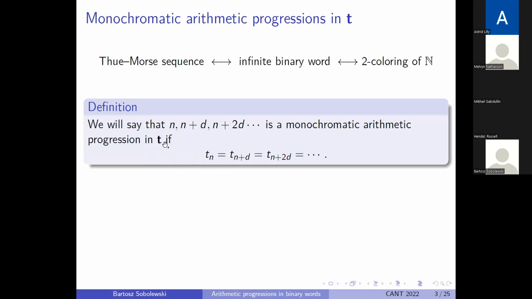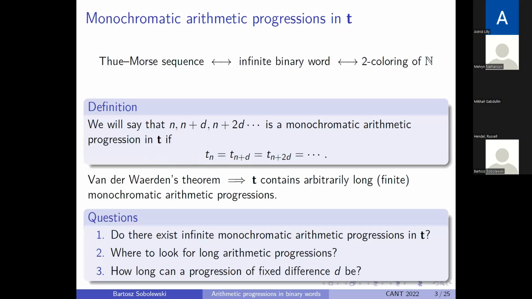As we will see, there are no infinite arithmetic progressions in T. And the result of van der Waerden implies that there are arbitrarily long finite monochromatic arithmetic progressions in this coloring or in this word.